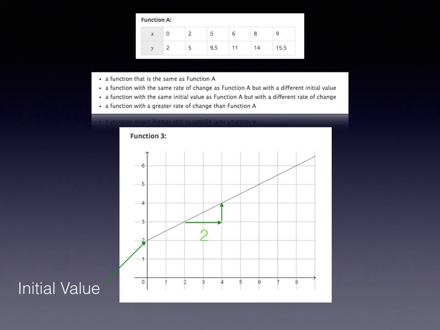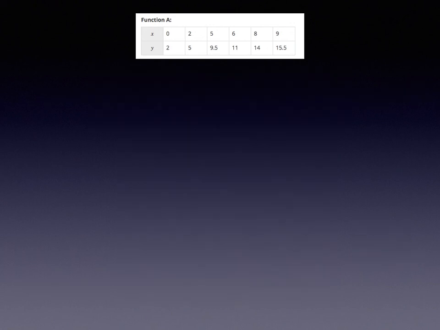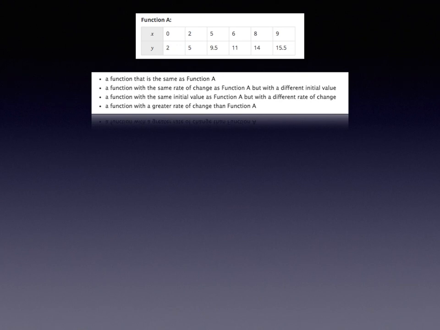And then to stay on the line, y had to increase by 1. And so if y increased by 1 when x increased by 2, then the rate of change would be 1 divided by 2, or 0.5. And so that function has the same initial value as function A, but a different rate of change. It's that third choice. There is only one left for this fourth choice, but let's take a look at it.